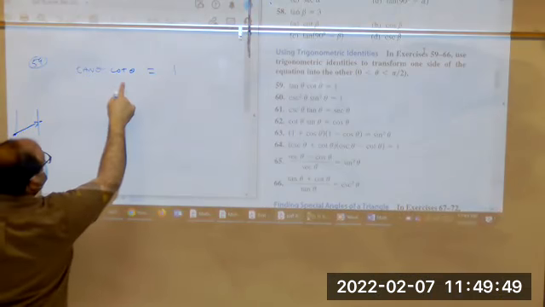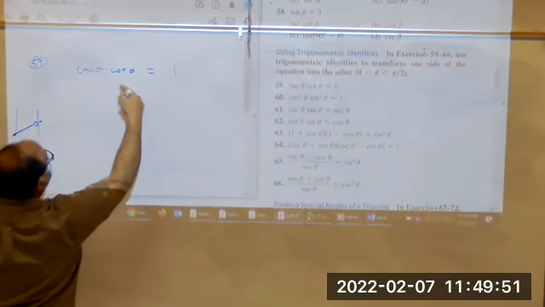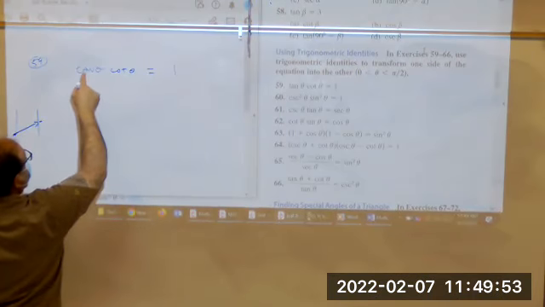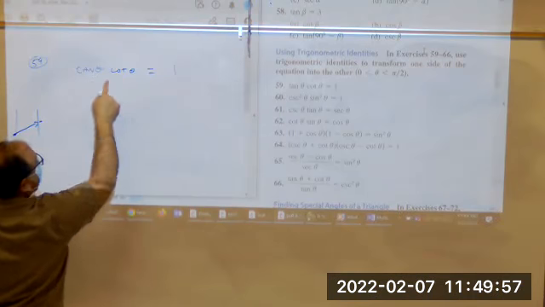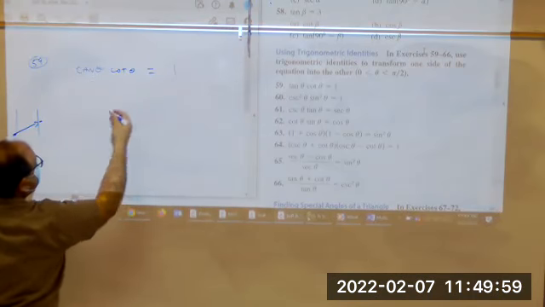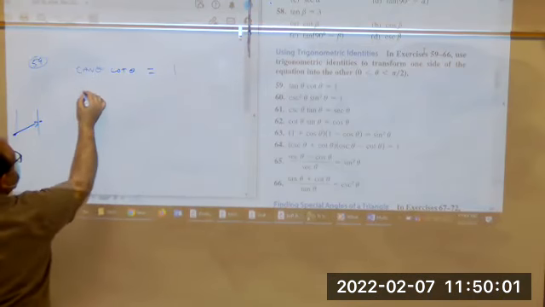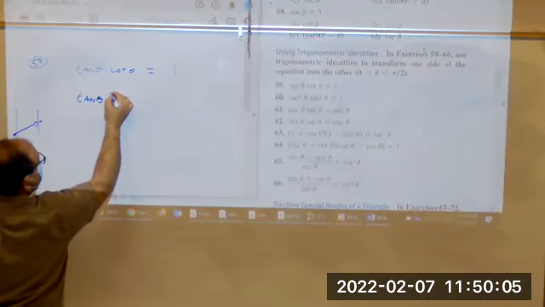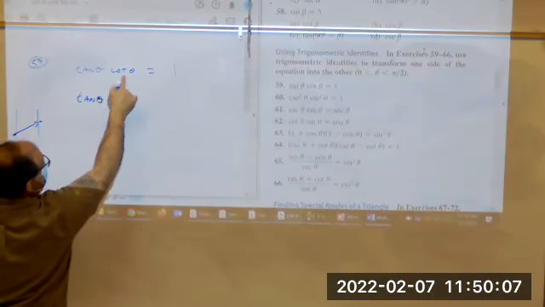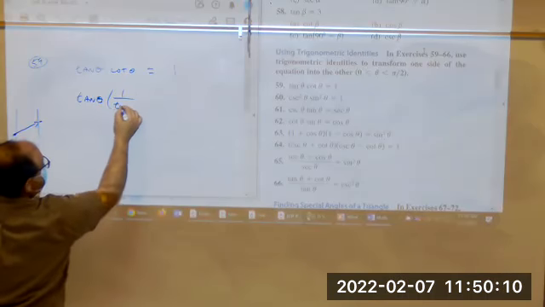Tangent theta times cotangent theta equals 1. Well, what else can we think? Tangent theta and cotangent theta are reciprocals of each other. You are told in the identities that they are reciprocals. This is the reciprocal of tangent theta.